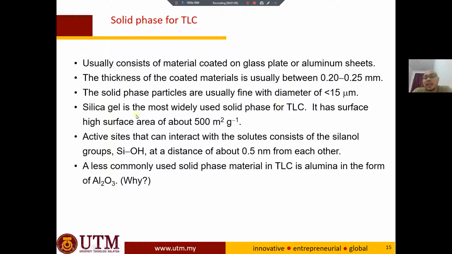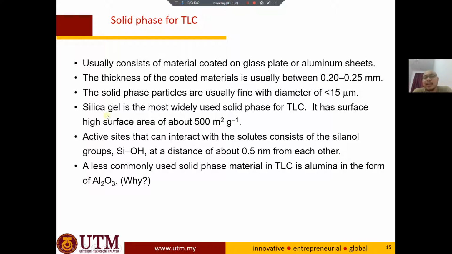Here is why silica gel is more preferable compared to alumina. One of the reasons is that silica has a high surface area compared to alumina. When something has a high surface area, it can provide more interaction.